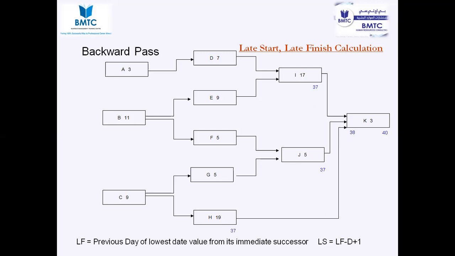So now don't care about H. Once we are coming back, we need to consider H. We found out the H late start, late finish. Right now, we need to worry about the late start of I and J. No need to go with H because H is happening parallelly with G, D, E, F. So we need to find out the late start for I and late start for J.